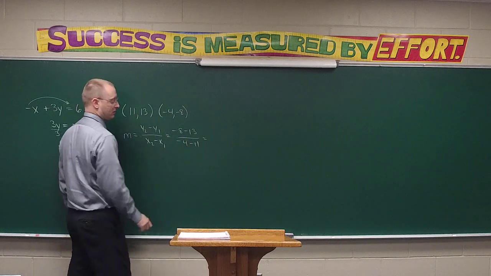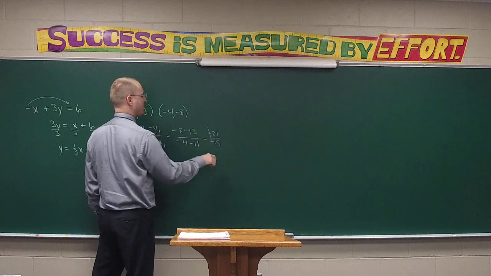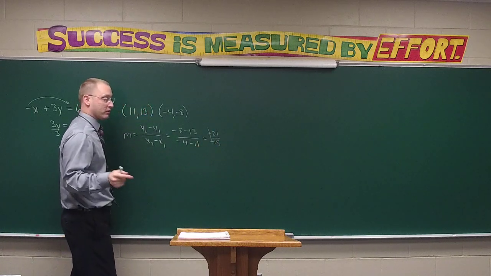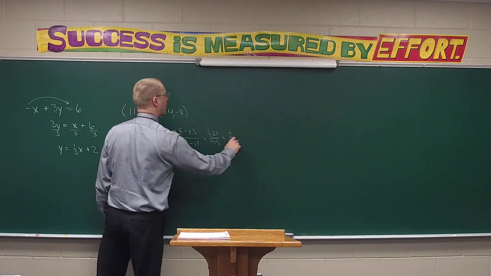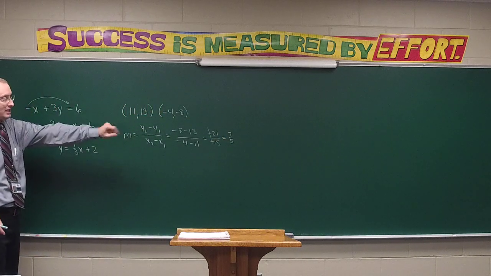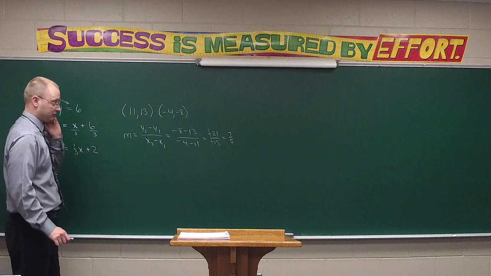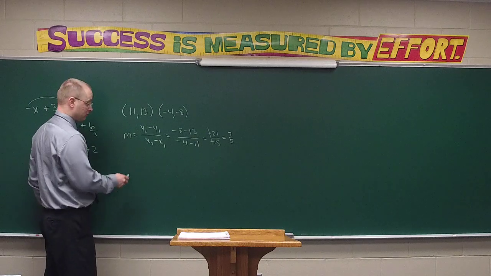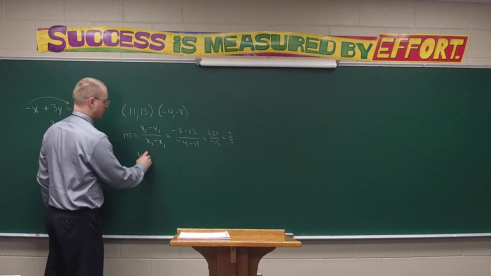You get 21/15. Well, initially negative 21 over negative 15, we can cancel off those negatives, and we can reduce by 3 to get 7/5. All right, so first step, if we're going to find the equation of the line, we've got to get the slope of the line at 7/5. Then what? Then you plug in the thing to y equals mx plus b.